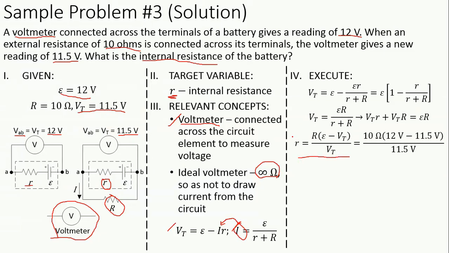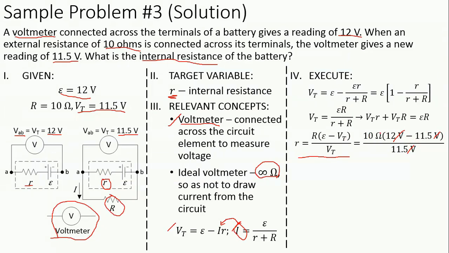And then we now substitute the values. R is 10 ohms. Then here, the difference between the EMF and the terminal voltage divided by the terminal voltage. Again, we don't need to perform further unit conversions because the volts will cancel out, leaving us with small r with the unit of ohms.